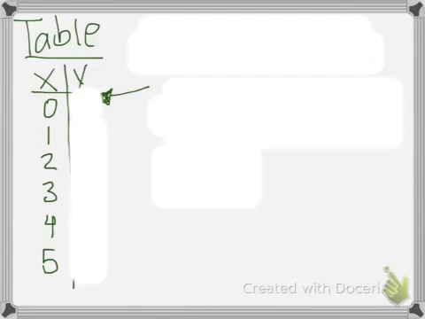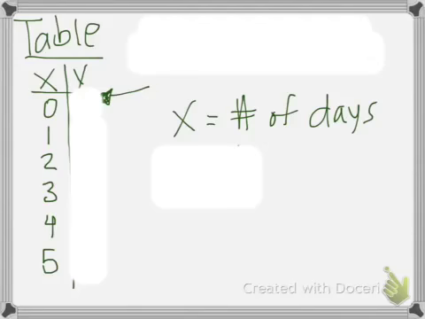First, we make a table. We make a table so we can get a good picture of how much he makes with each day passing by. On the X column, start at 0 to represent the number of days that have passed, up to 5. Now, for the Y column, we need to put how much money he saved.